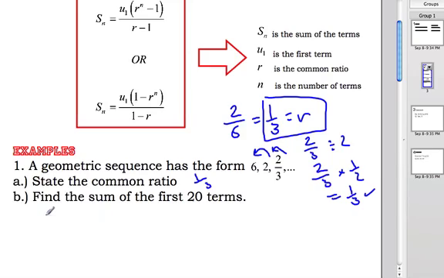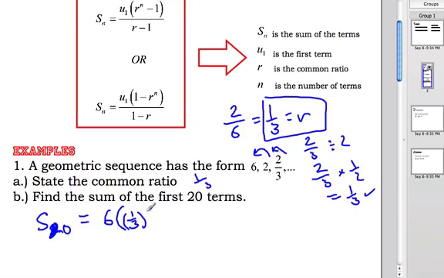So we can use one of our formulas. I'm going to use, well, it doesn't matter, so we'll write down the formula first. Now we'll just do the formula right away. S20 equals, now U sub 1 is the first term, which is 6, times r to the power of n, which is a third.